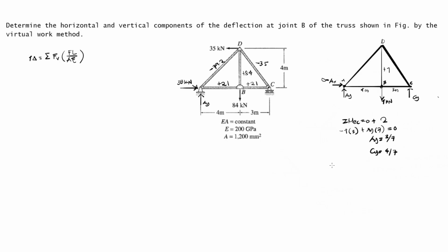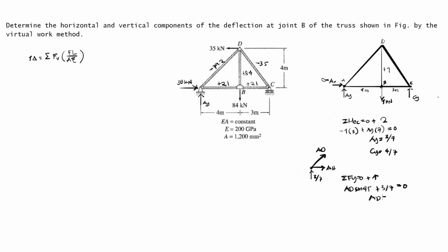Okay, next, sa point A tayo. Joint A. Sa joint A, meron tayong AY dito, 3 all over 7. Meron tayong AB, positive AB. And meron tayong AD. Okay? So, para makuha yung AD, summation forces along Y is equal to 0. Positive upward tayo. We have AD sine 45 plus 3 all over 7 is equal to 0.